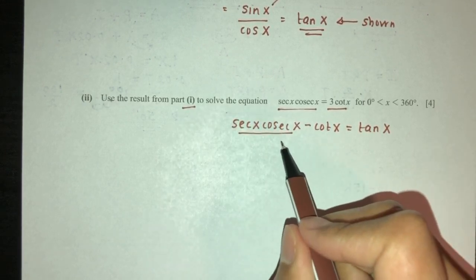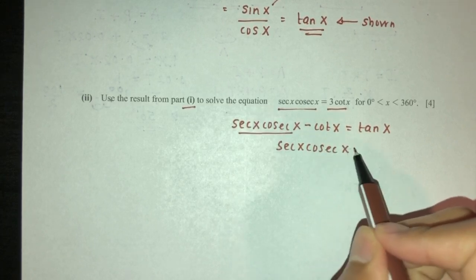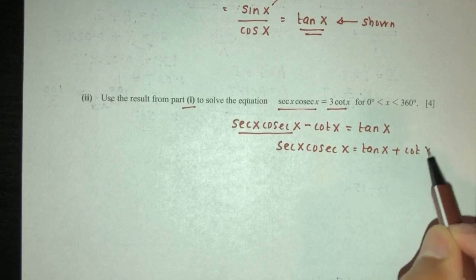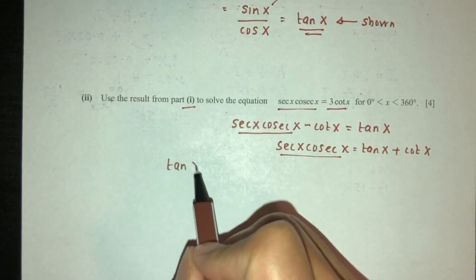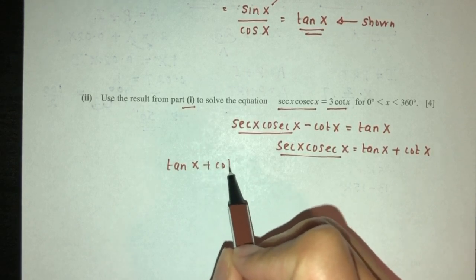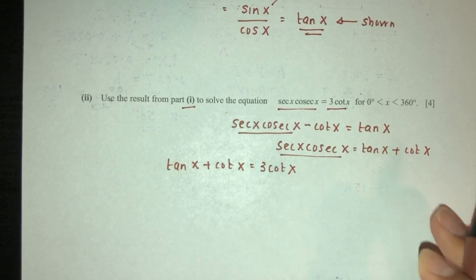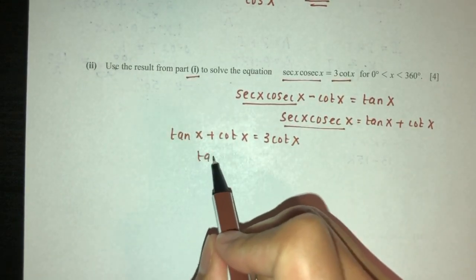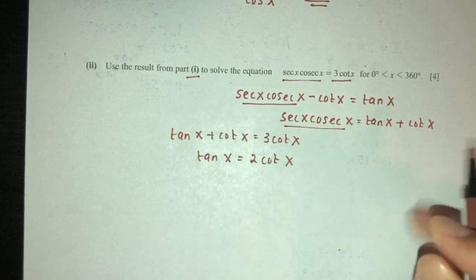That will become sec x cosec x equal to tan x plus cot x. So replace this in this. You will have tan x plus cot x equal to 3 cot x. Now let's send this one over here. You will have tan x equal to 2 cot x.